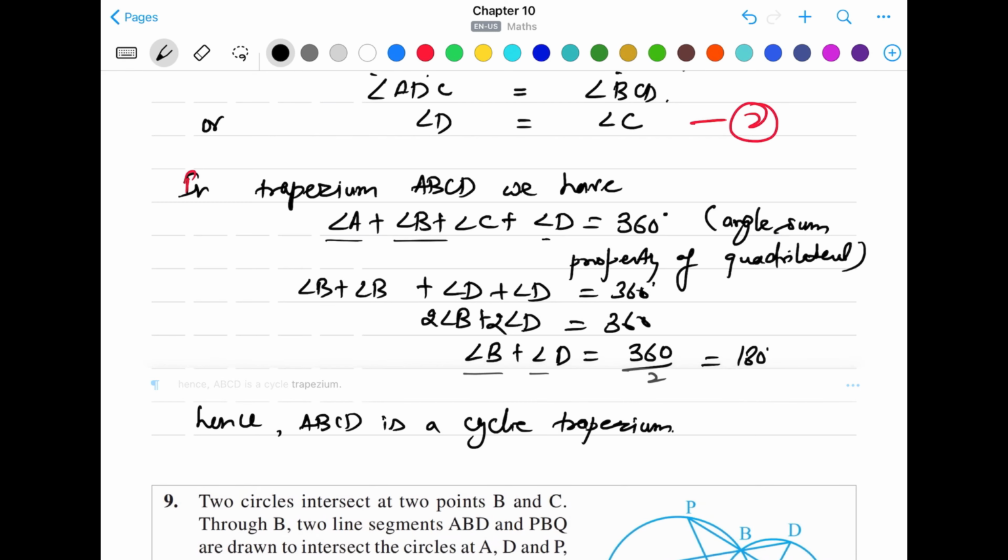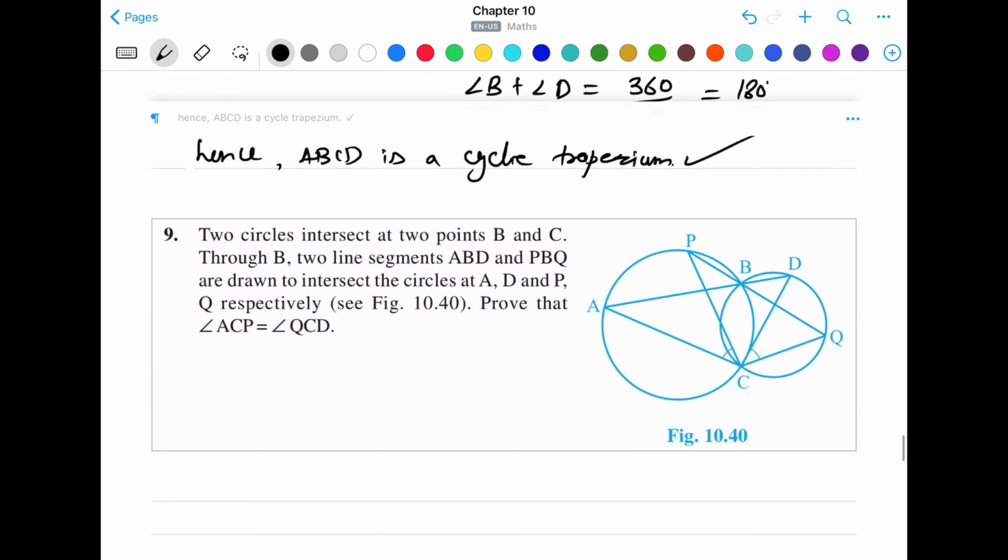Since we have proved that one pair of opposite angles is equal to 180 degree, that is one property of a cyclic quadrilateral: if either pair of opposite angles is 180 degree, then it will be a cyclic trapezium. In this case we have B and D. We have proved that their sum is equal to 180 degree, therefore this trapezium will be a cyclic trapezium. So that's the answer for question number 8.